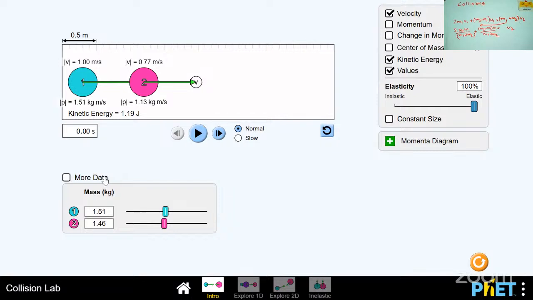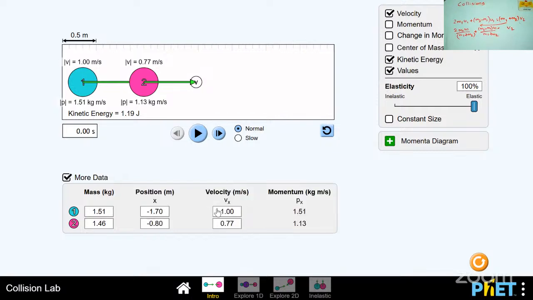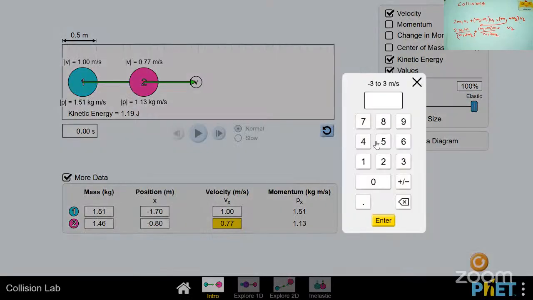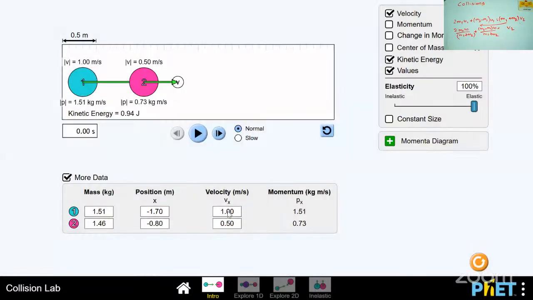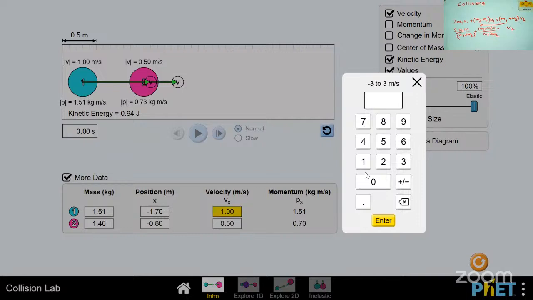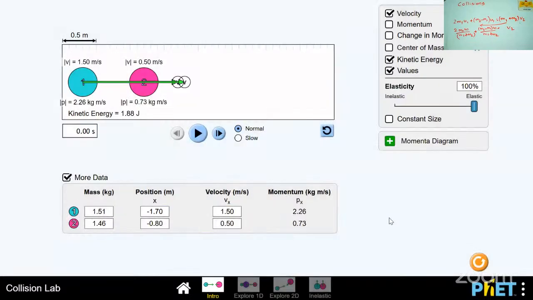So we can put here U1 as 1 meter per second and U2 as 0.77. I think that's really near. Okay, so we can change it to 0.5. And this we can change into 1.5.